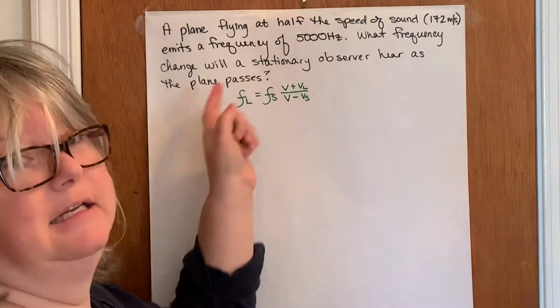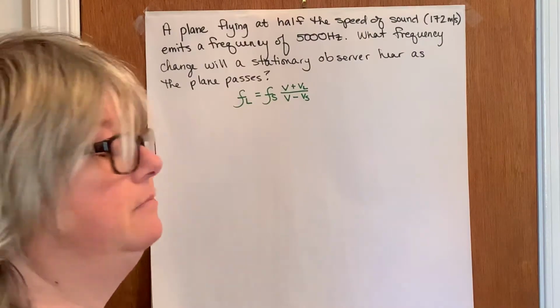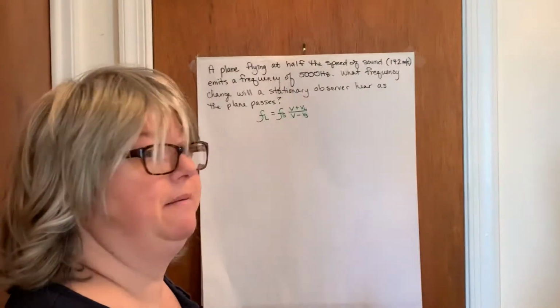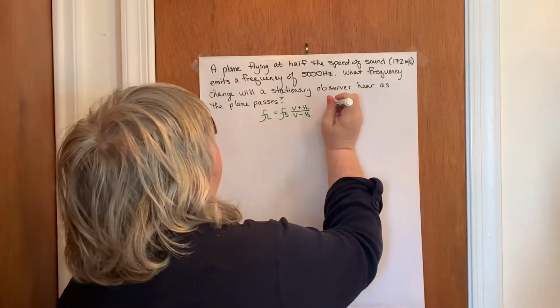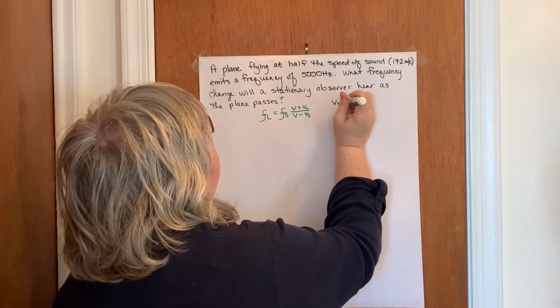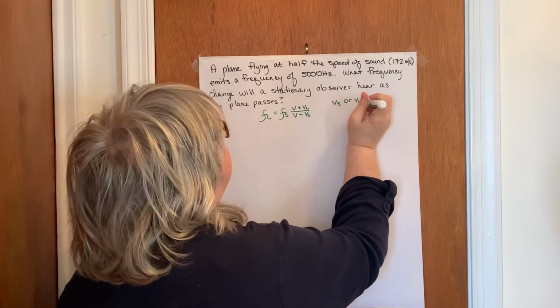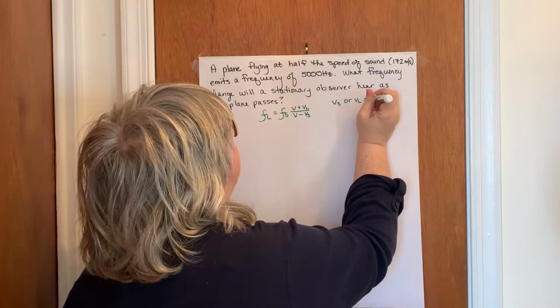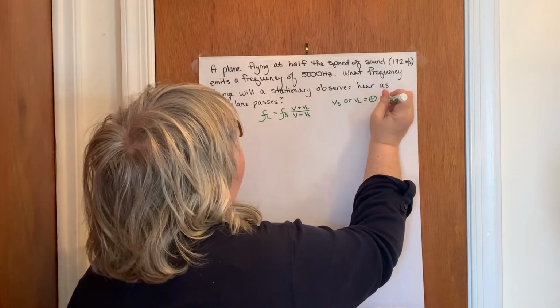So there's a lot in that formula. A couple of things to remember. Your velocity of the source or the listener is positive when they are approaching.